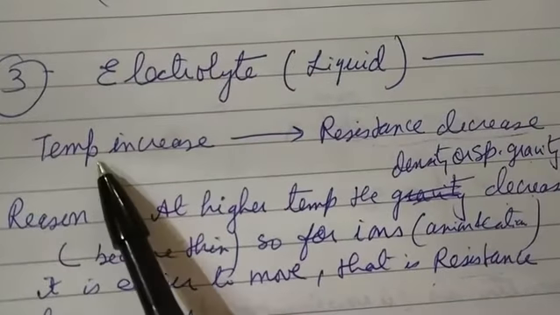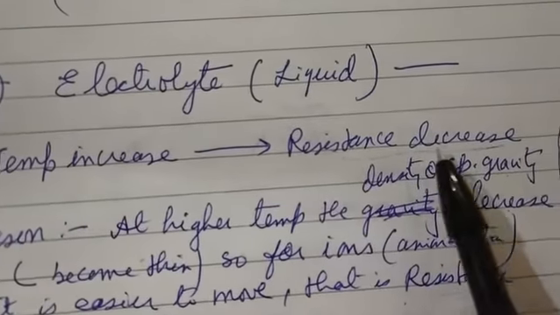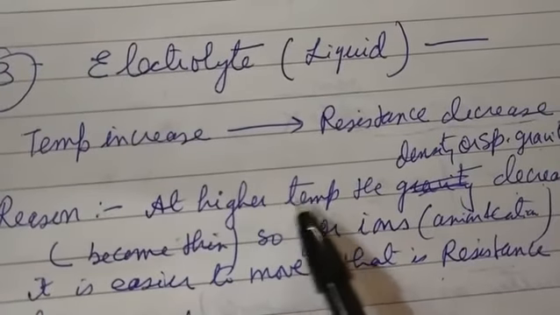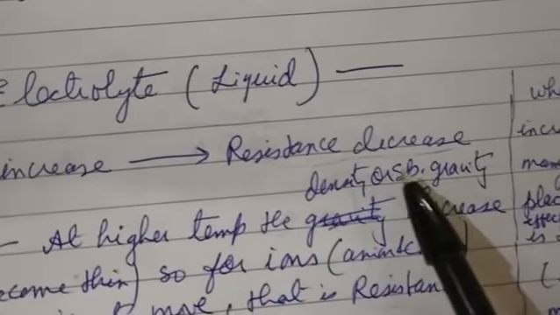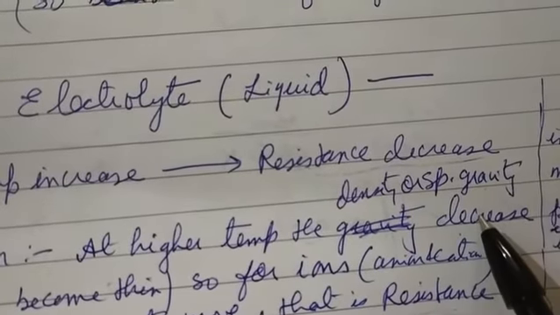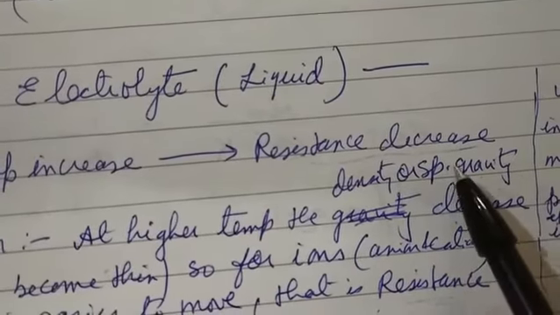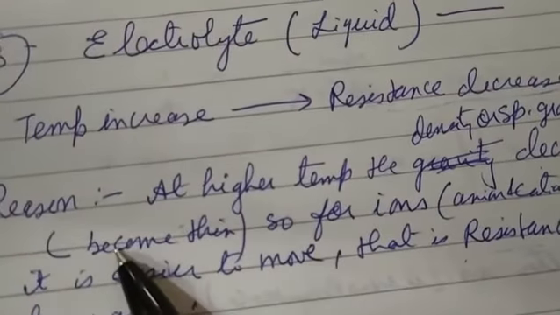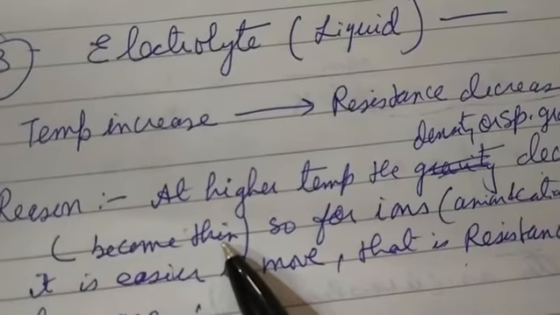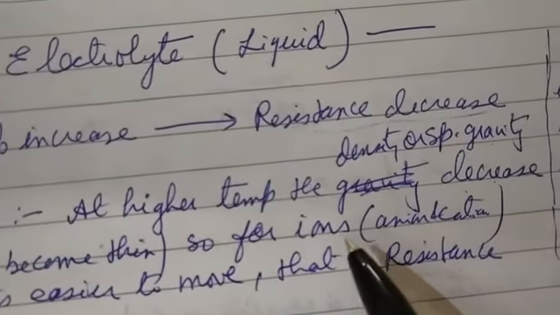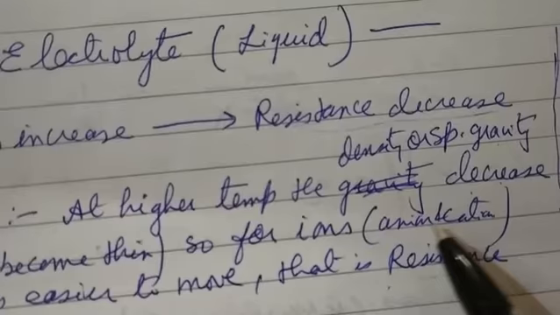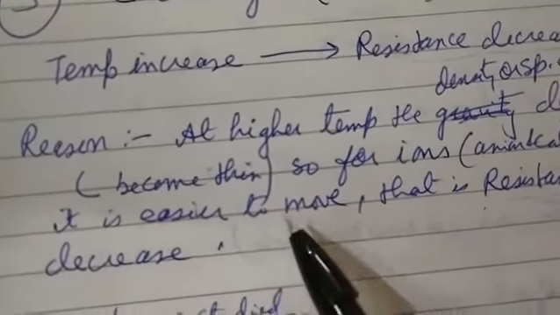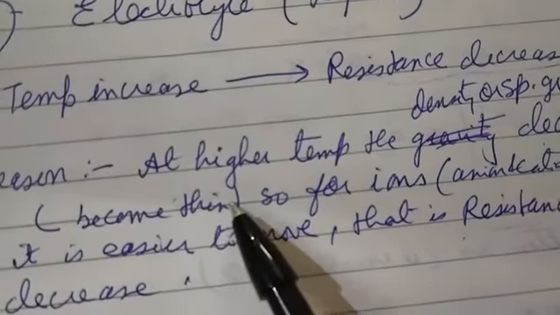So why does the resistance decrease when temperature increases? The reason is that at higher temperature, the density or specific gravity decreases, which means our liquid becomes thin. For the anions and cations, it is easier to move when the liquid becomes thin.